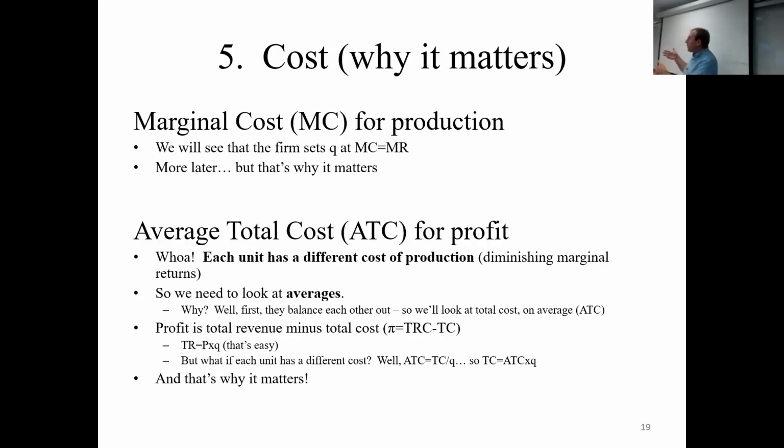If you're at the point where the marginal cost is greater than the marginal revenue, you're losing money on every unit. So the business firm is going to try to produce at exactly the point where marginal cost equals marginal revenue. So because of that, we need to know what marginal cost is. That's why we're going to look at that next.